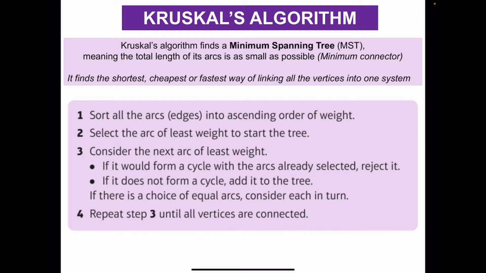The next one that you add to the tree is again the shortest possible, but one that doesn't form a cycle. If it does form a cycle, you skip it and then you choose the next one possible. You keep repeating these steps until all vertices are connected. I think it's much easier when you see how it works, so let's do a couple of problems.